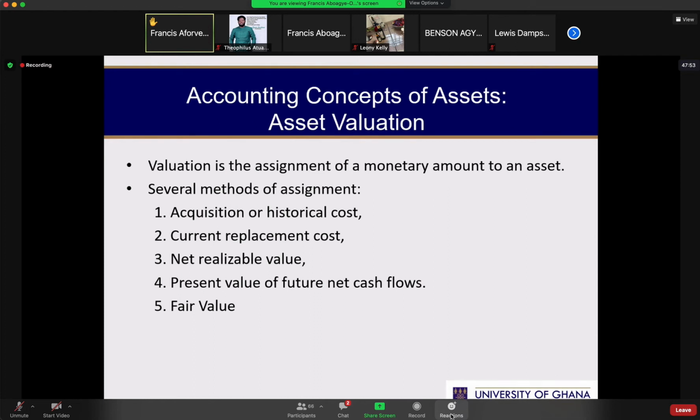Yes. So you see, what we are talking about is recognition and not classification. And I have mentioned to you that there's agreement on it. And that's one of the shortcomings of accounting. Items that cannot be quantified in monetary terms are ignored.